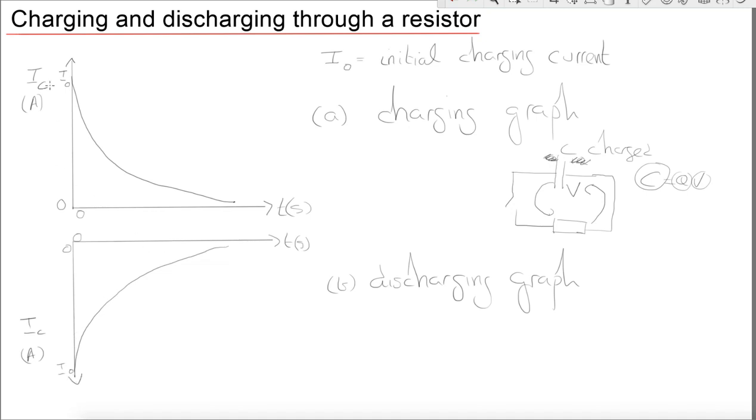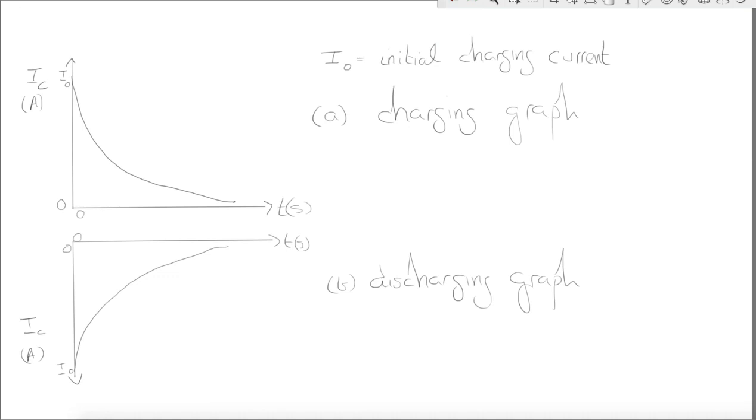Charging, the current flows in one direction. Discharging, it flows in the opposite direction. So, let's look at the maths of this then.